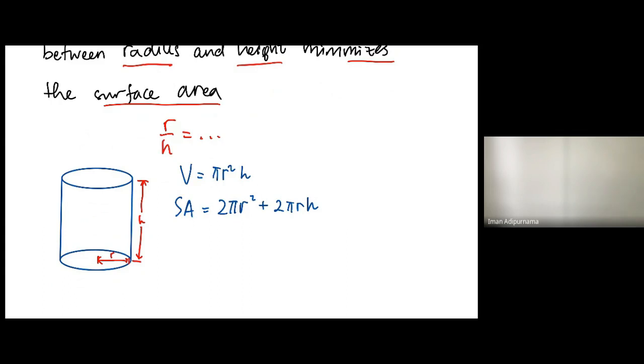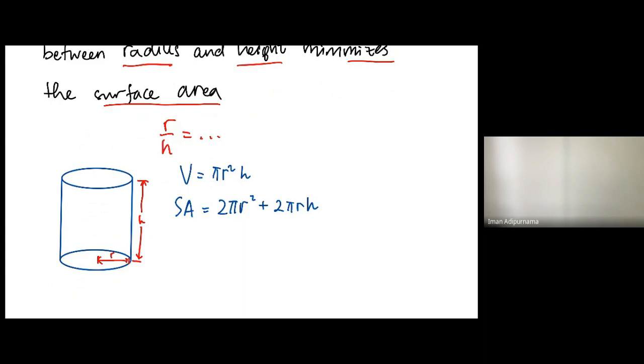I think optimization, compared with related rates, is easier. Related rates are sometimes difficult to imagine because things are moving, and A moves here, B moves there, and you feel a mix in the question. But with optimization you just see the object.